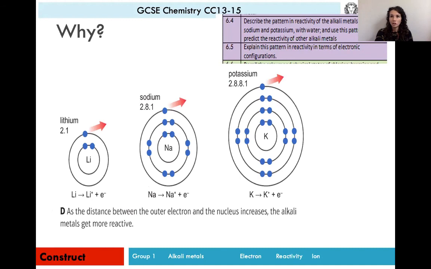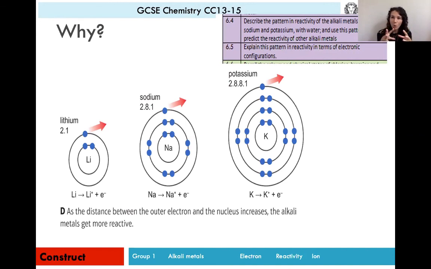Okay, so hopefully that made some sense. That's quite a difficult concept and quite a difficult explanation to grasp. So if you need to pause the video and go back and listen to me explain that again, or you can go onto BBC Bitesize and look up the explanation for the trend in reactivity of alkali metals.